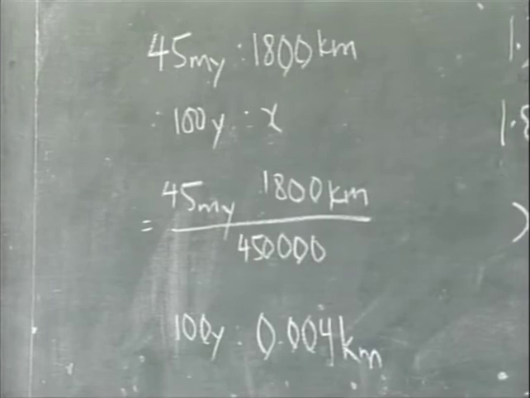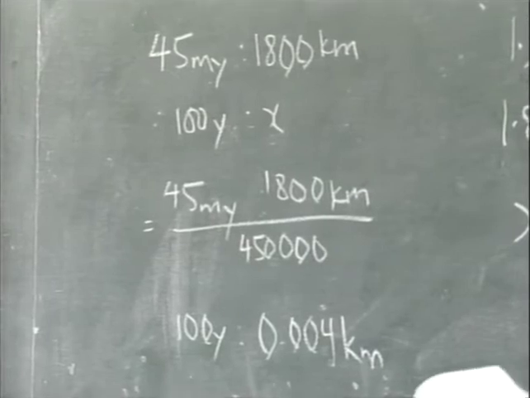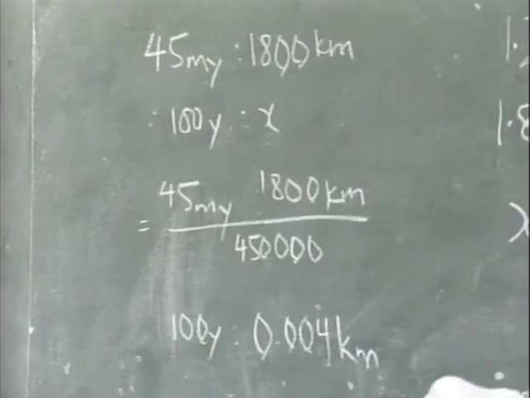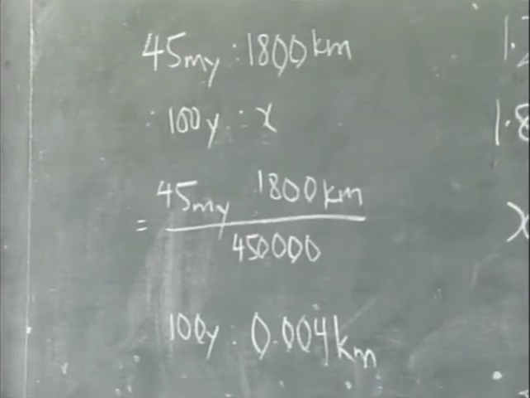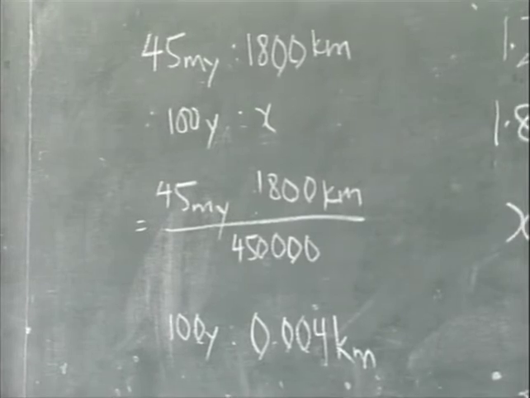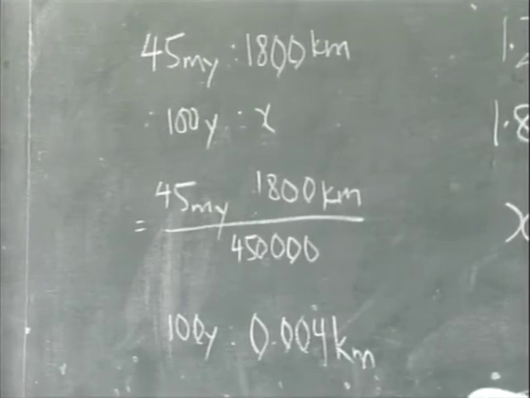How I got my answer. 45 million years is to 1,800 kilometers from the first working out.